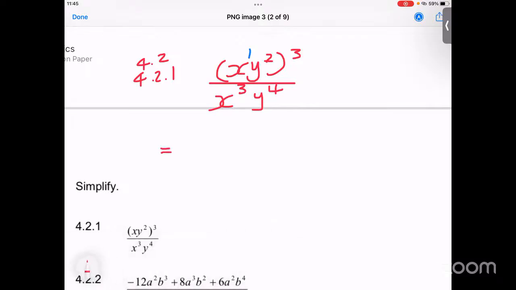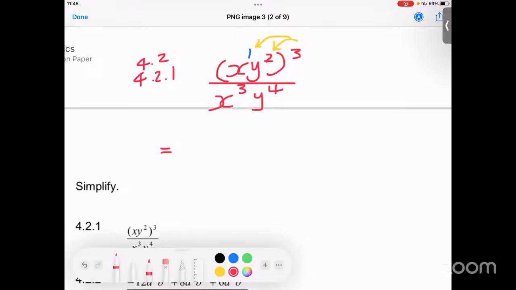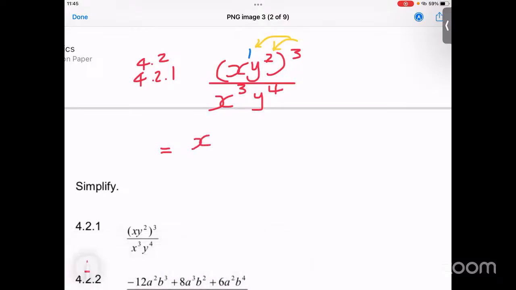So now you will multiply that outside exponent by that, and you will also multiply that outside exponent by that. You therefore end up having x to the exponent of 1 times 3, which is 3, and then y to the exponent of 2 times 3, which is 6.